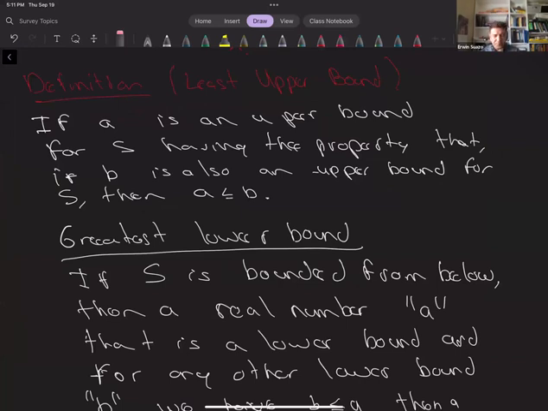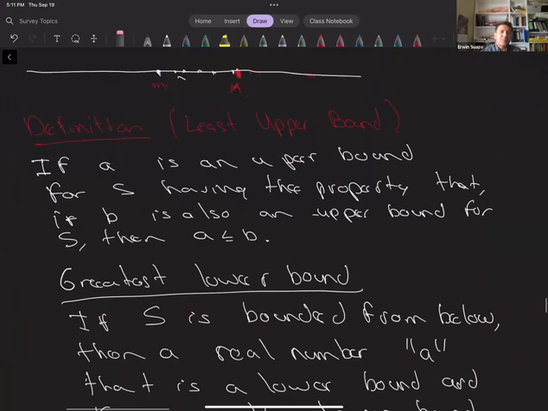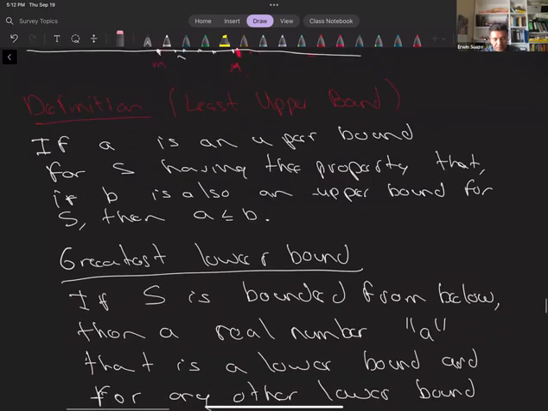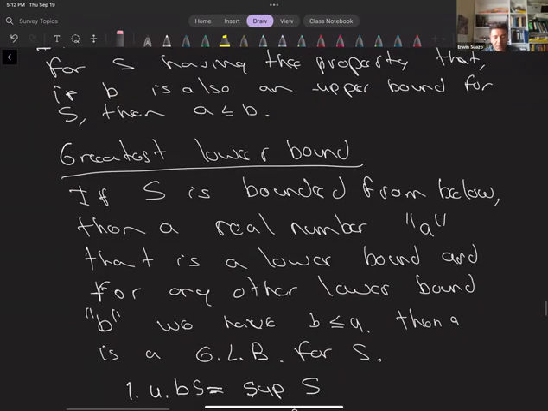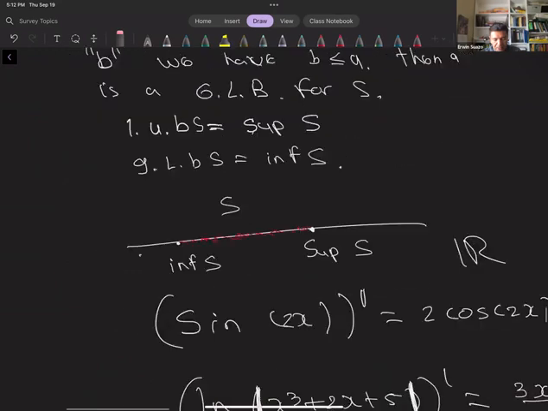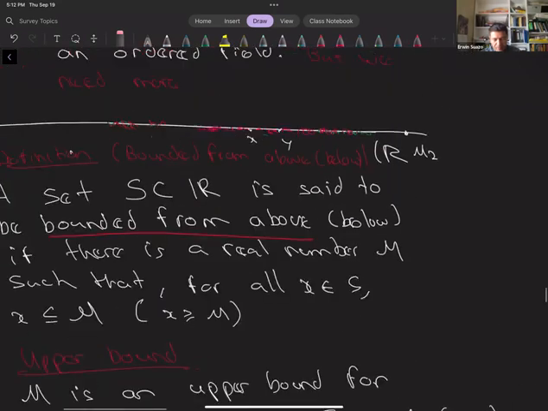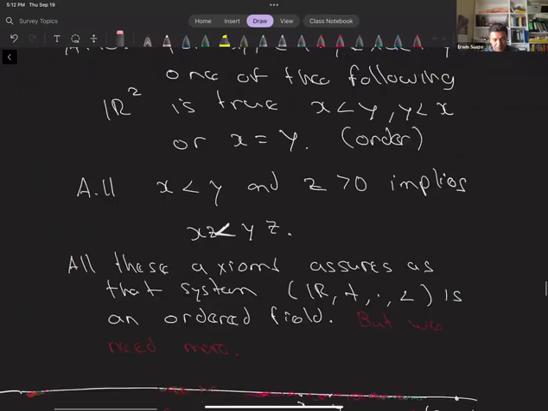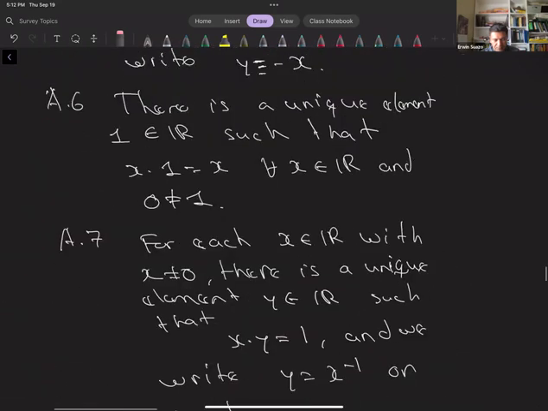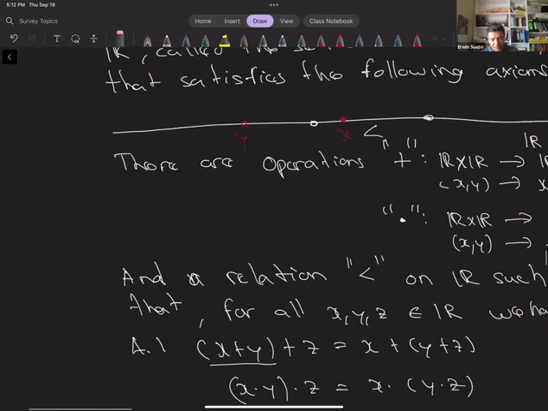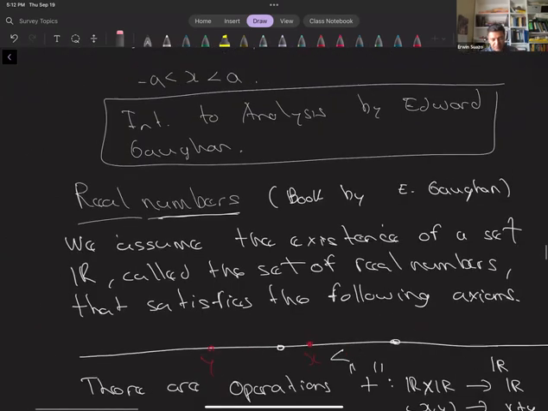Okay, so last video, but also last class, we talked about the least upper bound, but in particular the greatest lower bound. We introduced the real numbers, right?